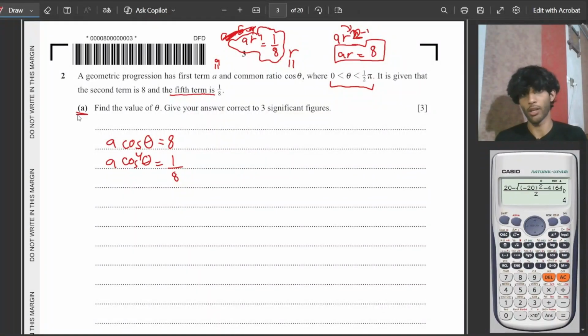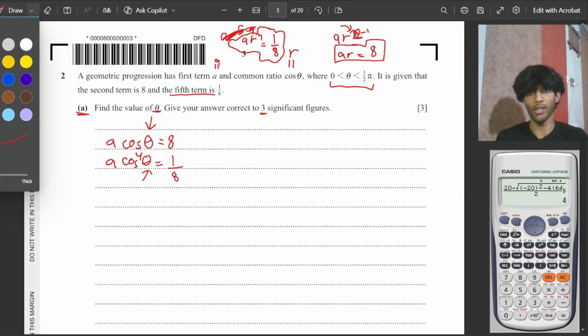Now, I actually go and read the problem statement. It says, find the value of theta. Give your answers to 3 significant figures. So I have to find this value of theta. Now, if some of you didn't read the question statement properly, didn't digest the information given to you properly, and just jumped on to finding the value of theta, you would have a really difficult time doing that. But I am going to have a fairly easier time. Why?